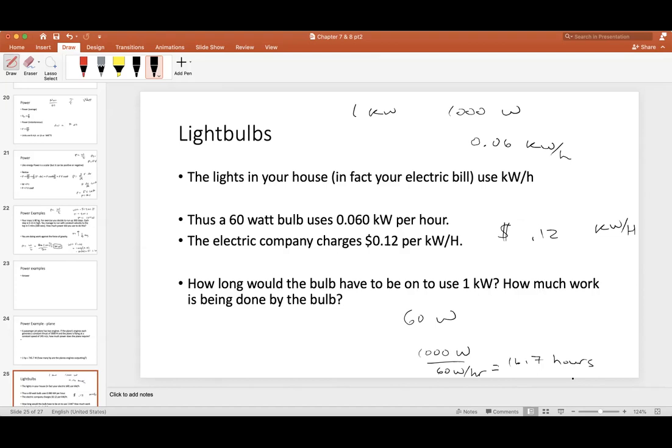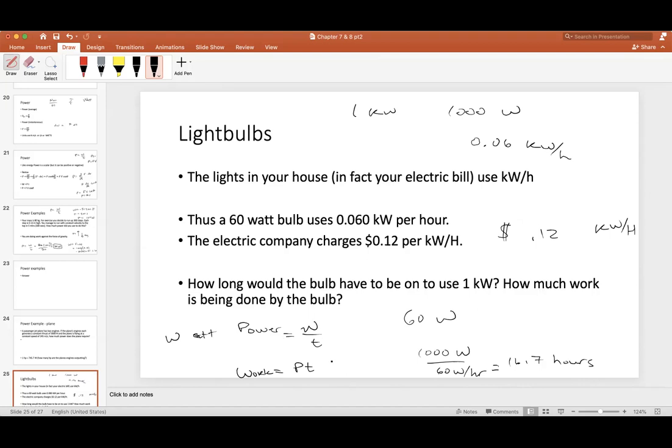but it's totally true. How much work is being done by the bulb? Well, remember that a watt is power, and power is work over time, right? So the work being done is P times T, and we know the power is those watts, right?